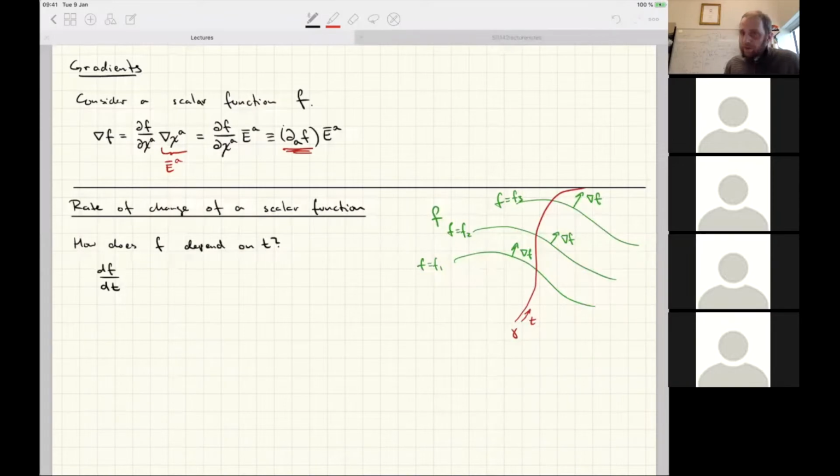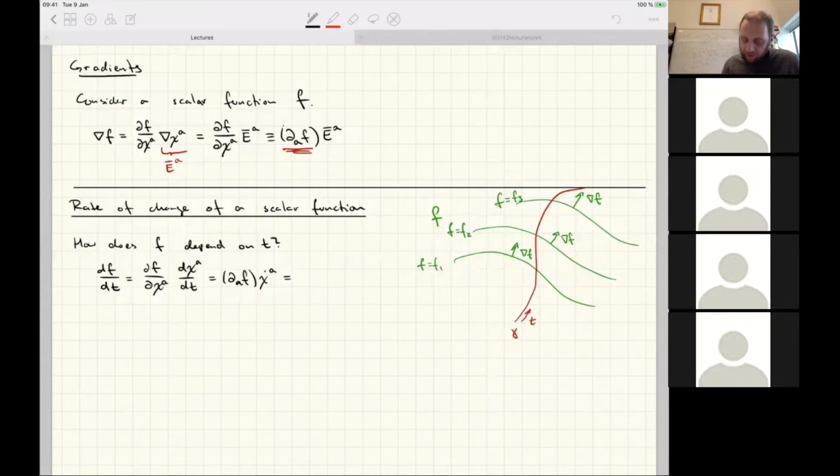Now, the rate of change of f is just the derivative of f with respect to t. But f depends not on t explicitly, but on the position. So again we are using the chain rule, the total derivative: df/dχ^a times dχ^a/dt, which is this ∂_a f times χ-dot^a.